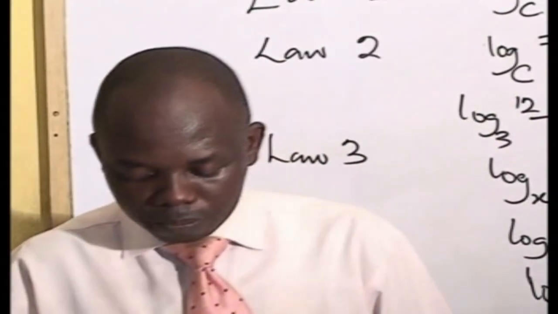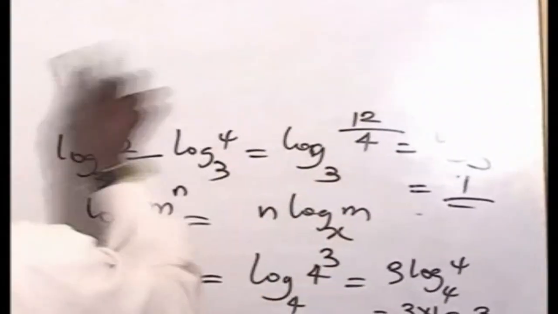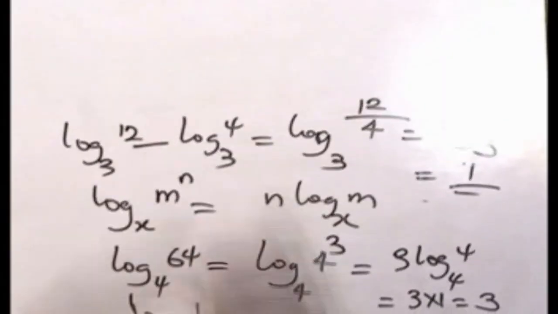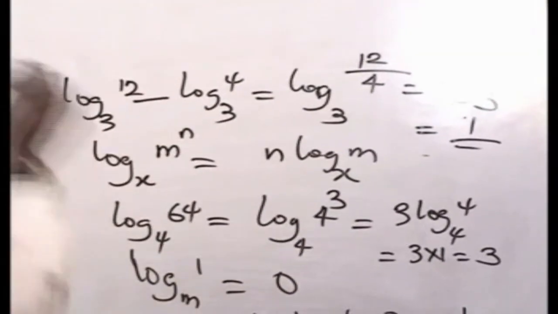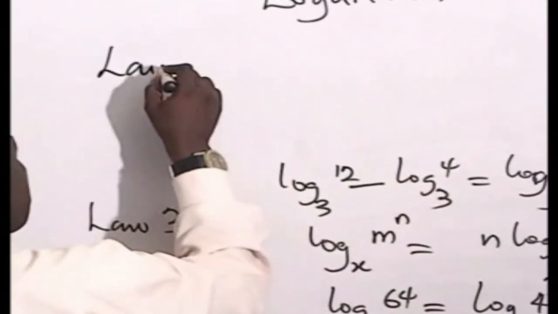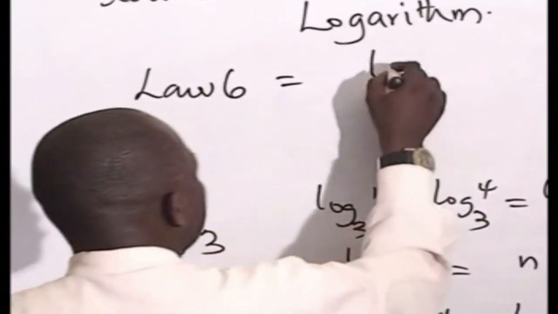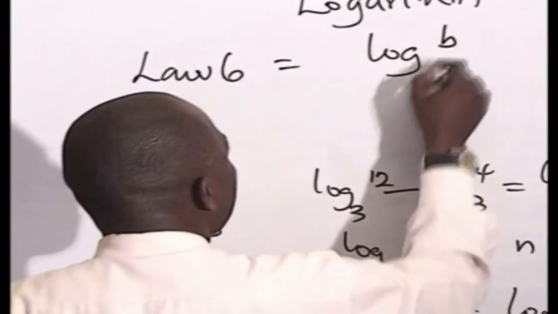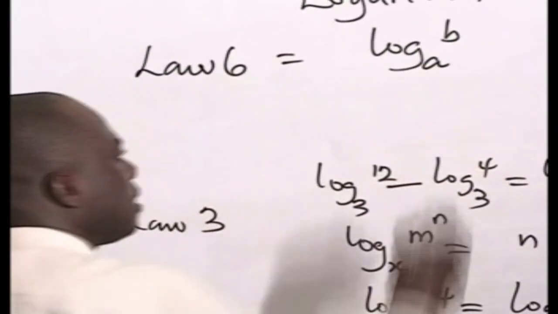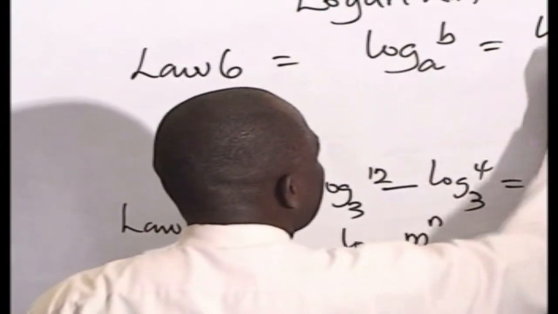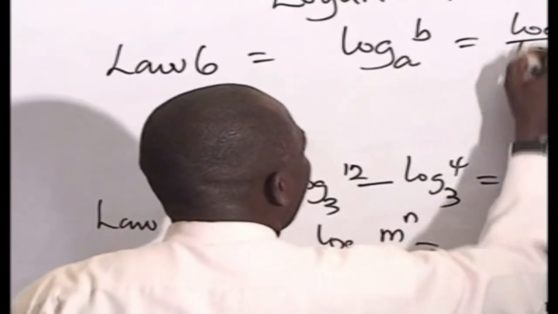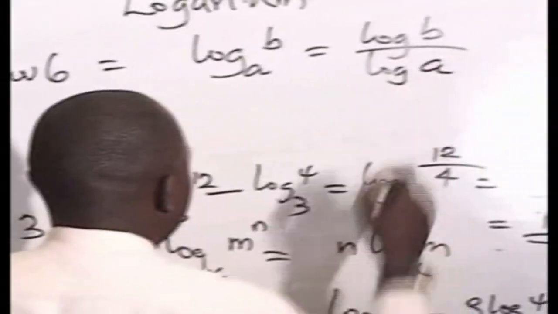The sixth law is a way of expressing what has already been given to you. Law 6 says log b base a can be written as log b over log a.